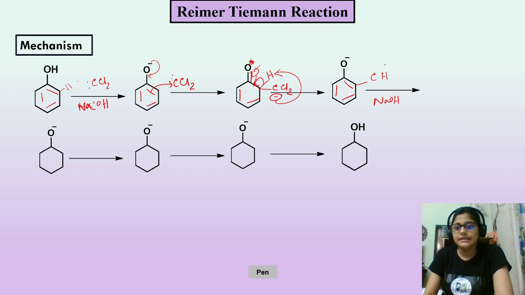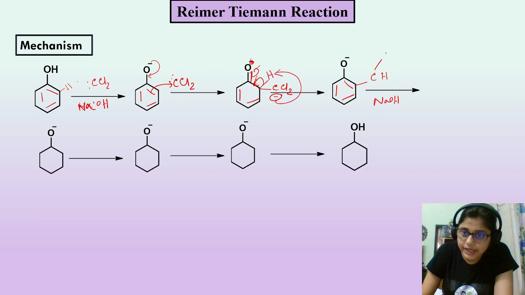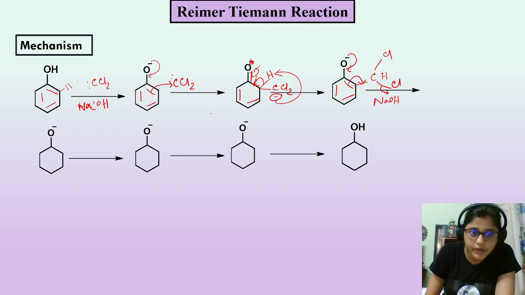So we know that Cl is a good leaving group. So here Cl, here Cl. Now the negative charge can again delocalize and go to this one and it will be removed. This will be again a double bond. Now this one is there again and this will be a double bond.